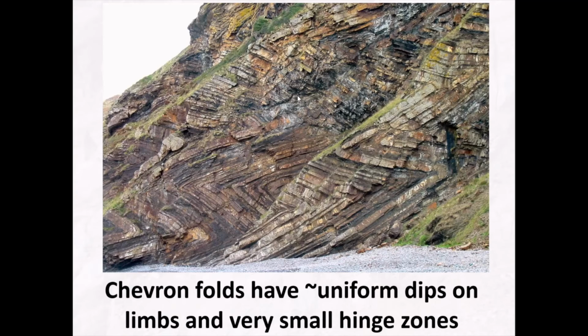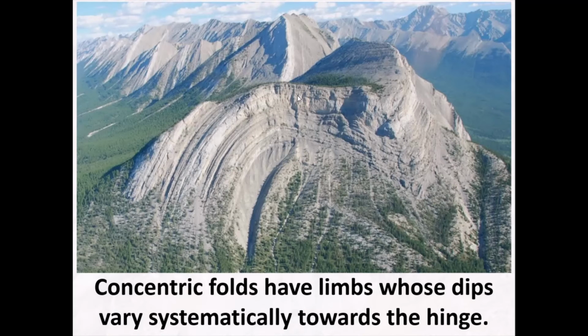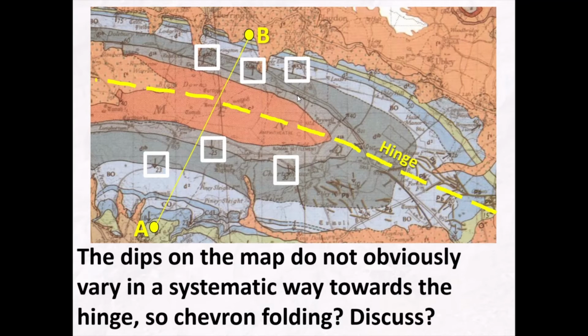So here in chevron folds we'd have one dip and then another with no gradual transition, whereas on a concentric fold you'd have a gradual transition all the way. So looking at our fold for our Bristol sheet, on the north limb all I've got is a dip of 60, 60, 55.